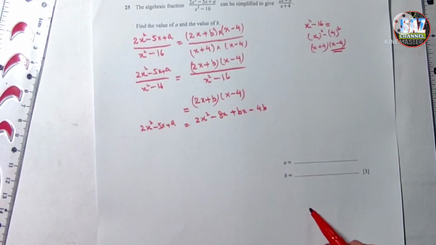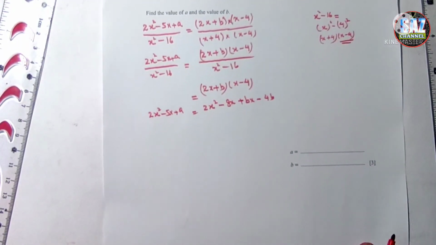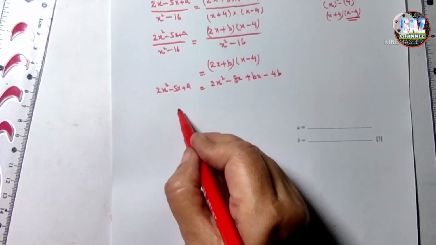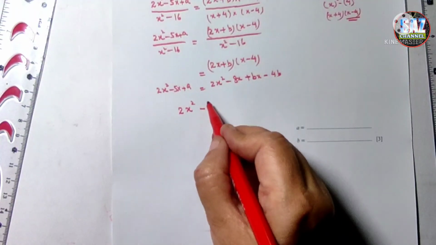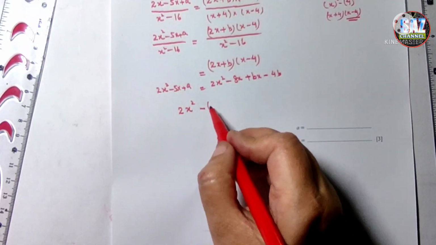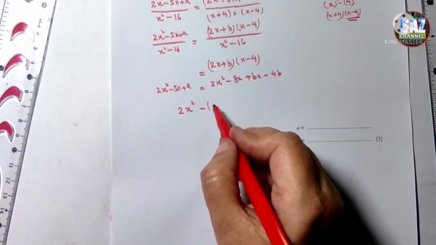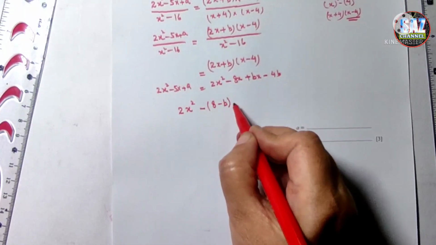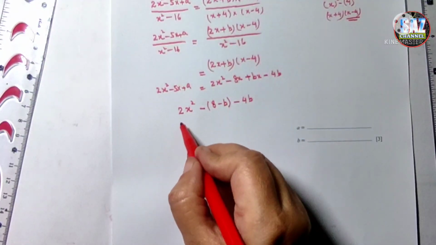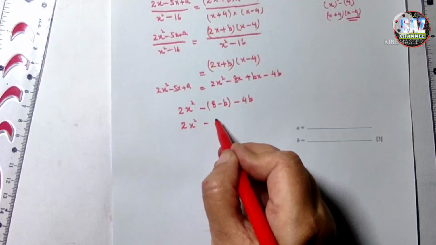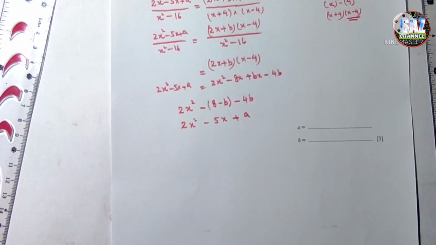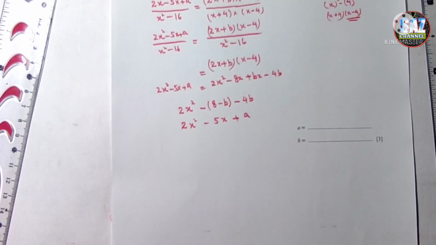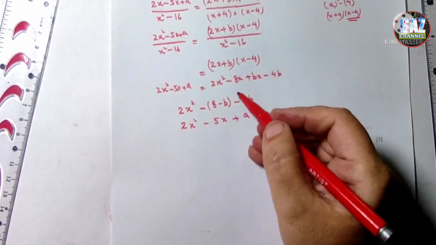Now if we are comparing, let me write both sides together: 2x square, and because we have a minus sign here, we can extract it as a common factor, minus (8 minus b) into x, and minus 4b, and then 2x square minus 5x and plus a. Now by comparison, here I have x left.